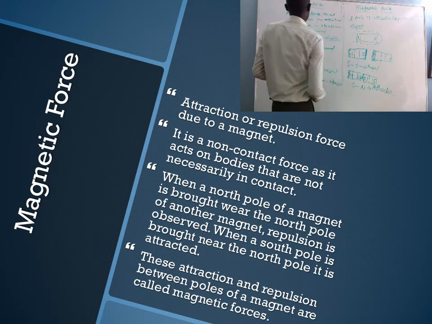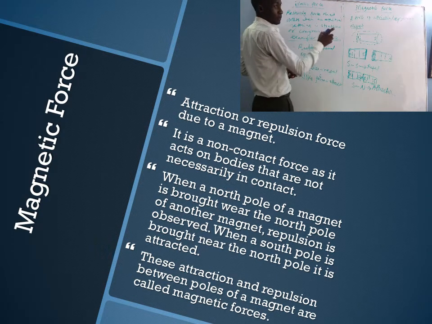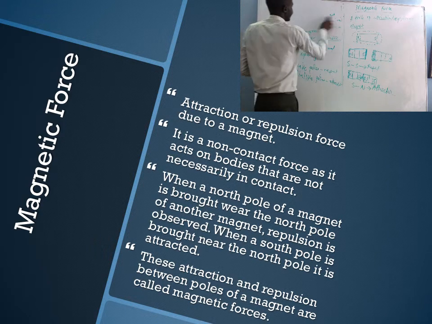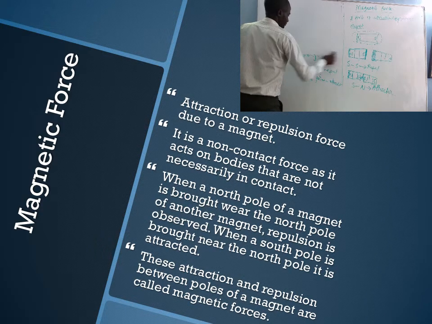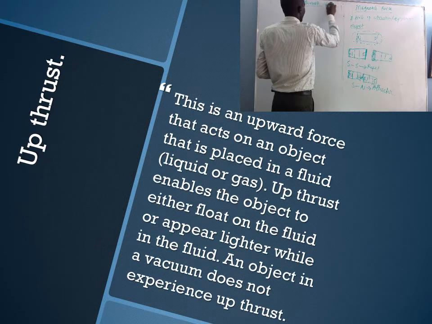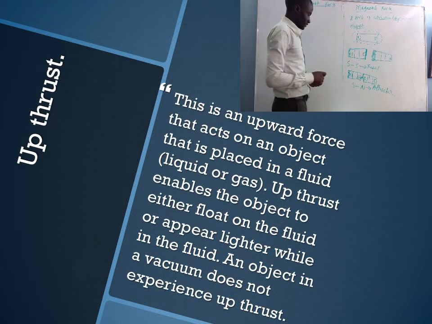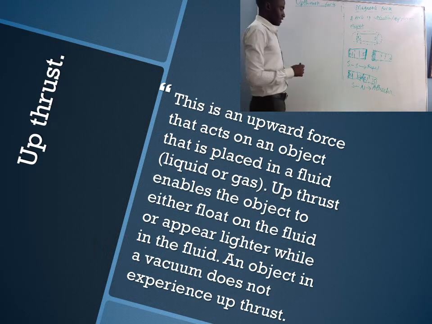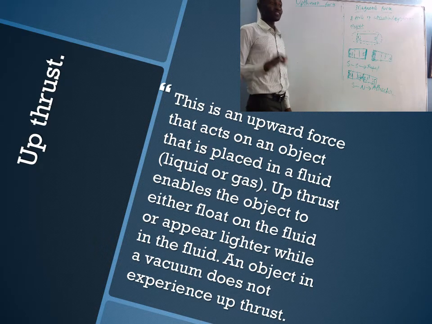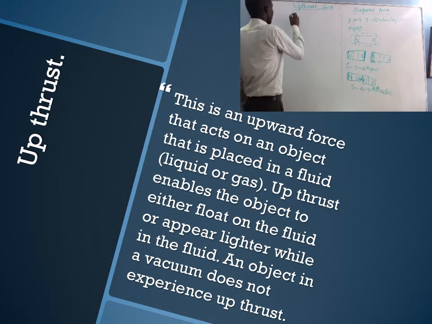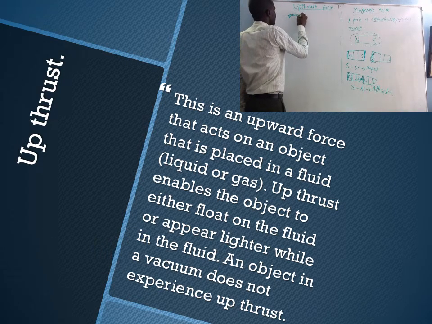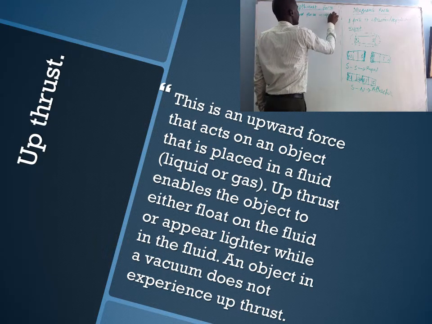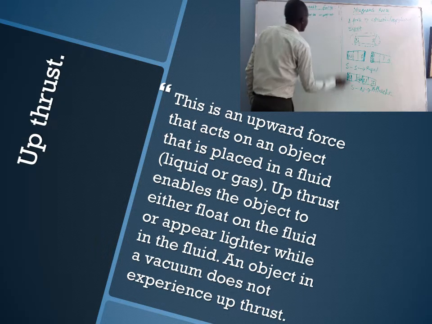Then let's look at the other type of force, and that is upthrust force. So we discuss upthrust force. An upthrust force is an upward force that acts on an object which is placed in a fluid. So it is an upward force acting on an object that is in a fluid.